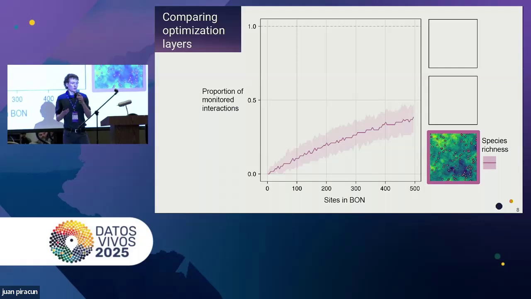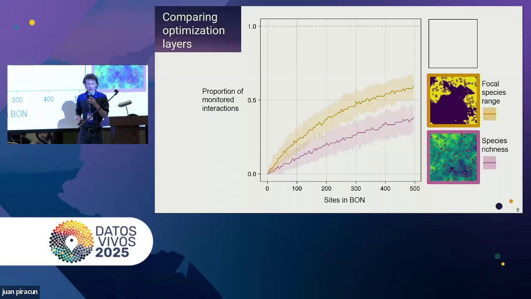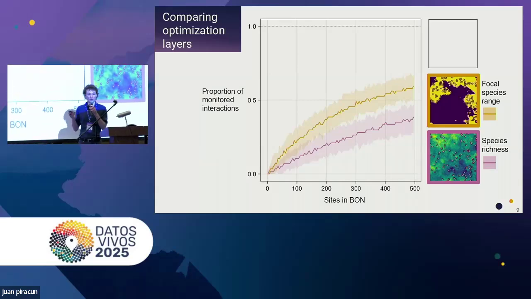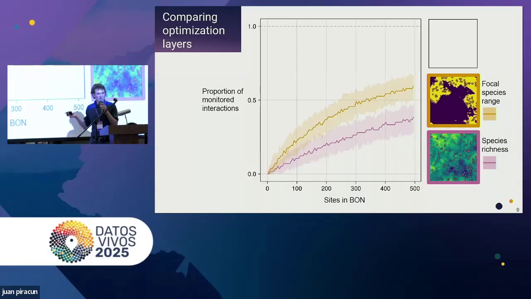And also it's useful to highlight that sometimes higher level, community level information, which is more difficult to acquire, is not necessarily the most informative for some specific monitoring goals. In contrast, in our case, using the focal species range was actually a more efficient strategy, while also representing possibly a more attainable level of information.